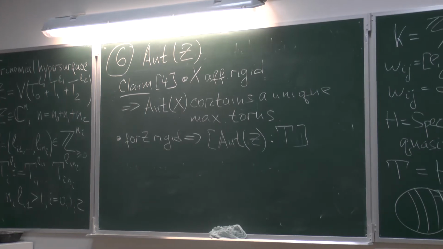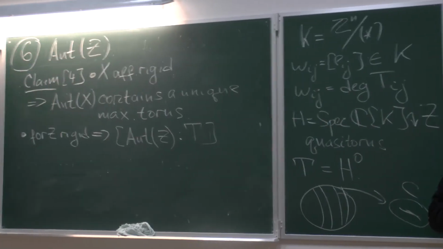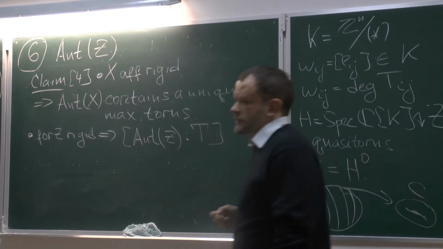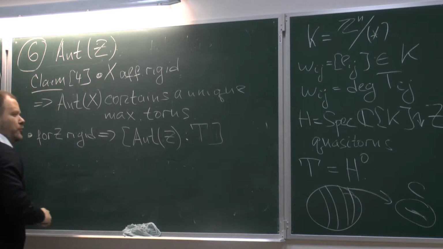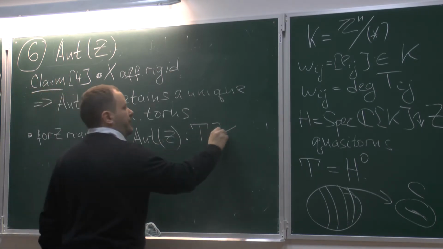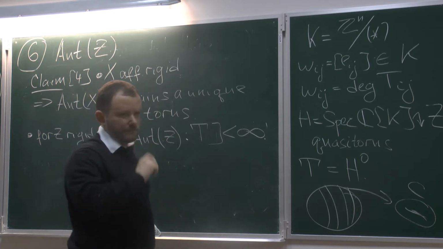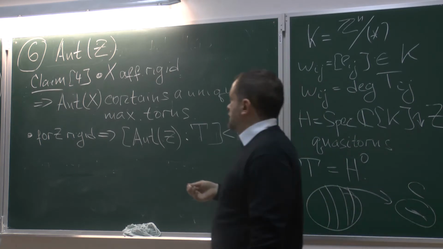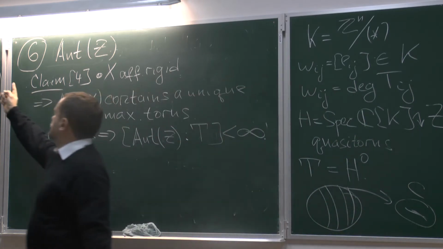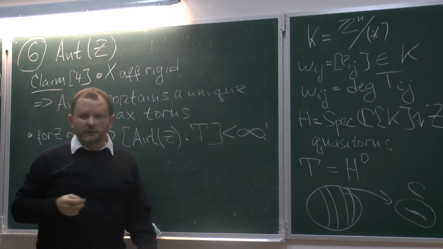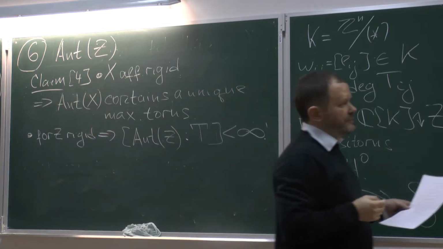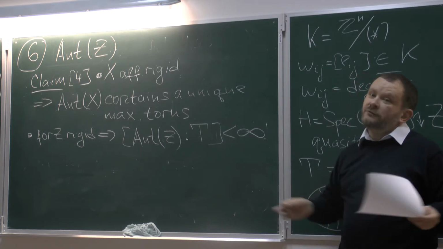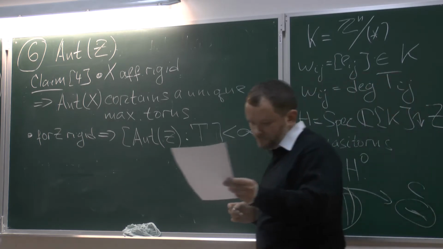And we cannot have an open orbit because one can check that such a hypersurface is not toric. So indeed this is maximal. So our automorphism group is a finite extension of this torus. And this is quite easy. We have some explicit description of this finite extension in terms of the exponents here. So we have a complete description of the automorphism group under the assumption that this hypersurface is rigid. And if not, then this can be huge.